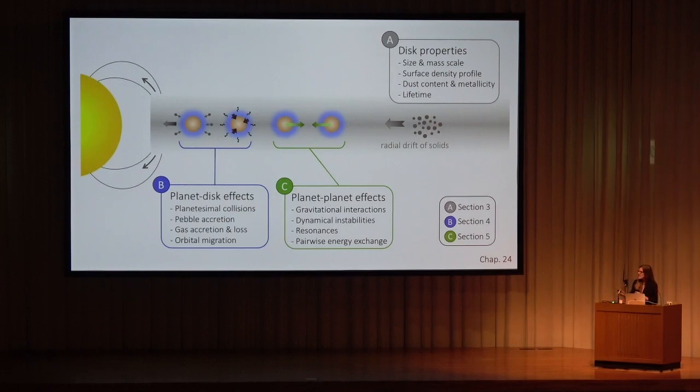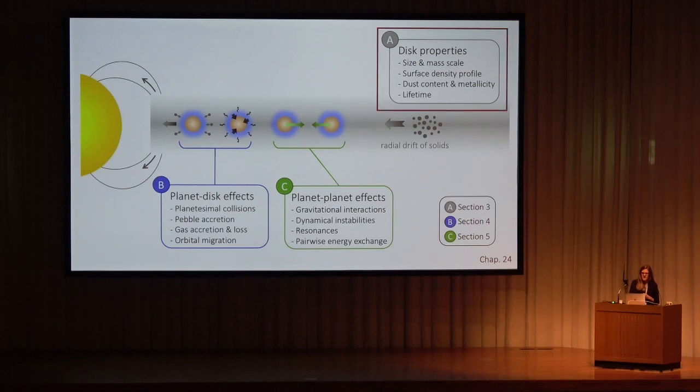And lastly, planet-planet effects include any pairwise interactions, such as gravitational effects leading to enhanced long-term stability. So these three stages cover the full planet formation process somewhat temporally.